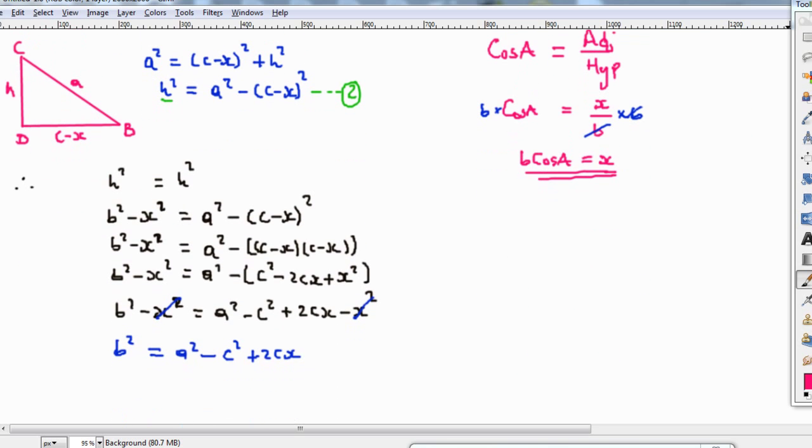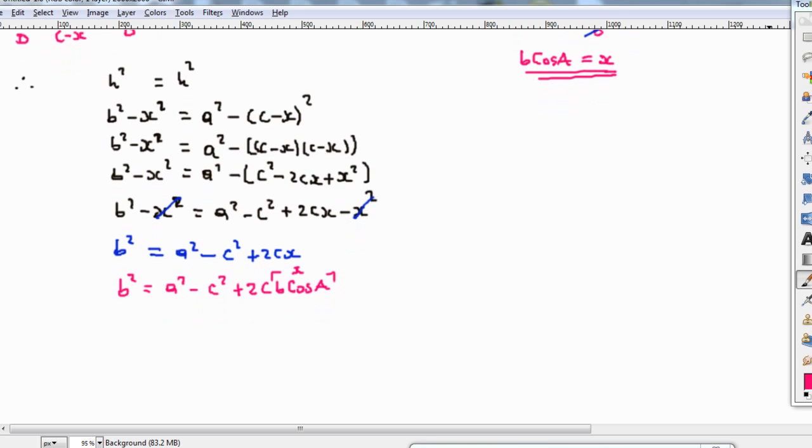So this gives the value of x. Right now I'll substitute that value of x for b cos a. So b squared is equal to a squared minus c squared plus 2c times x, and x is b cos a, so 2c times b cos a.